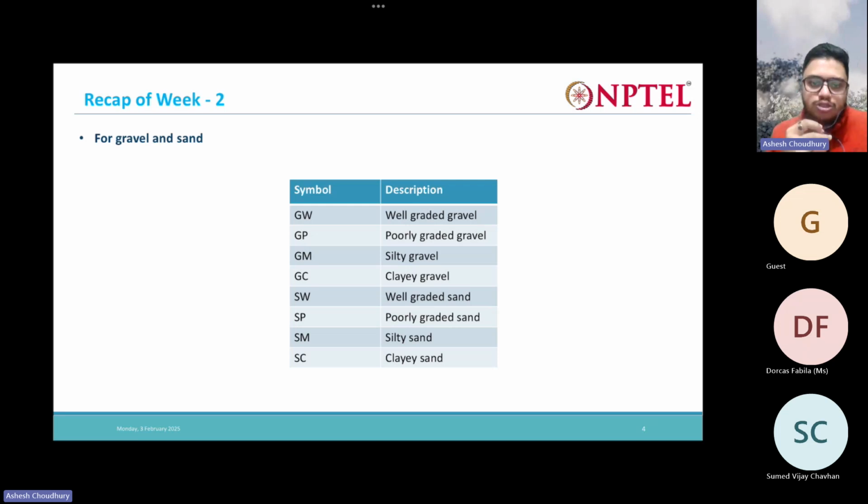Similarly for sand also, well graded sand, poorly graded sand, silty sand, or clayey sand. This is how we are going to have the classification for the coarse soil.